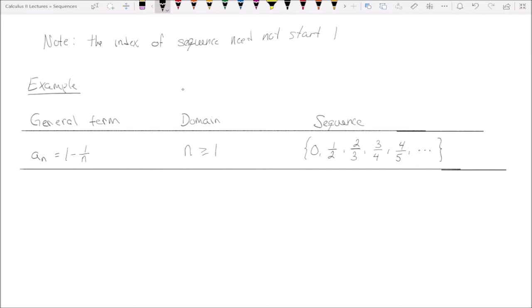Next, a sequence given by the general term b sub n equals 364.5 n squared all over n squared minus 4. It has a domain of n greater than or equal to 3.